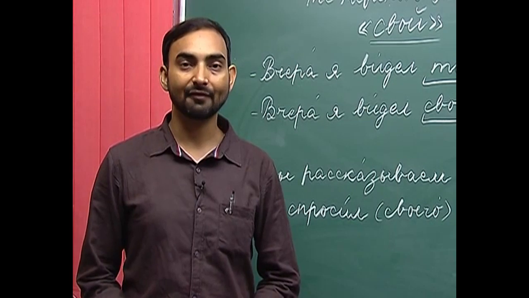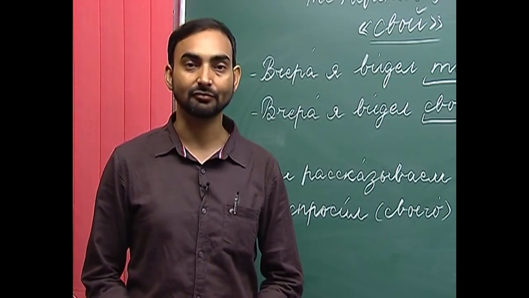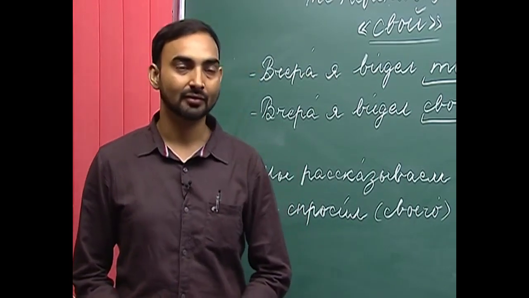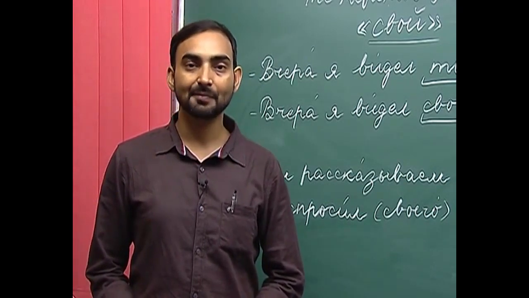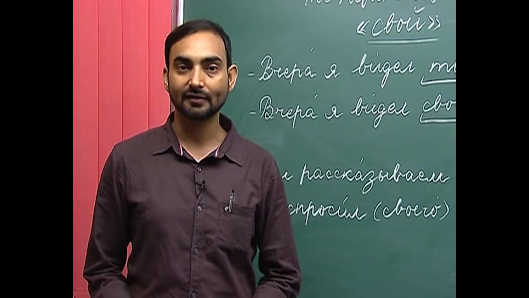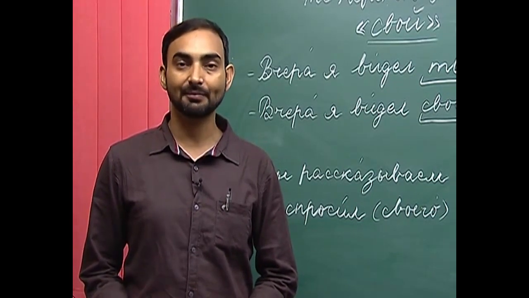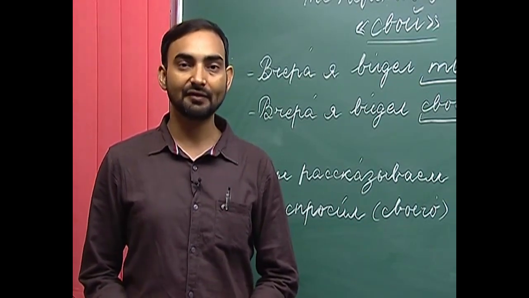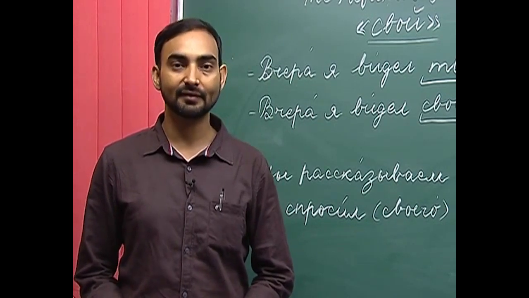The next topic we have is the reflexive possessive pronoun in Russian. What are reflexive possessive pronouns in Russian? When the subject of a sentence is the possessor himself or herself, then we use the reflexive possessive pronoun.